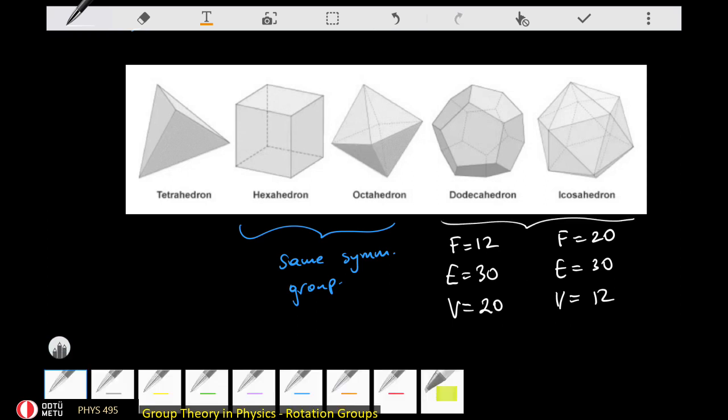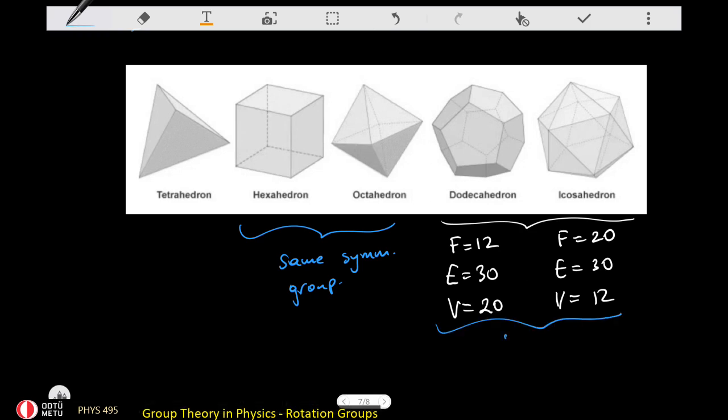Again, because of the same reason, these also have the same symmetry group. The symmetry group of the icosahedron is called I. The symmetry group of the octahedron and the cube is called O. The tetrahedron is the self-dual of itself, so therefore this is somehow by itself.